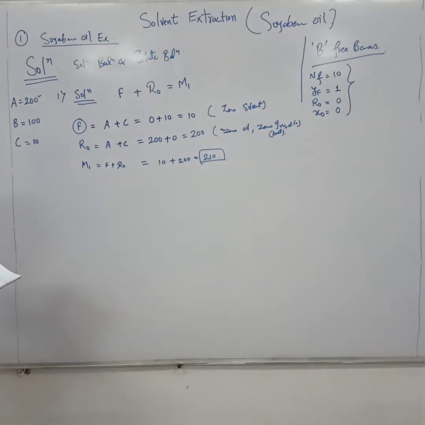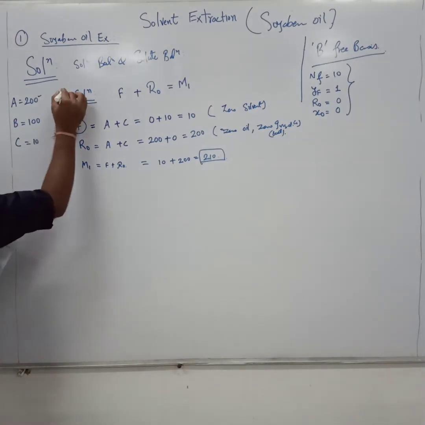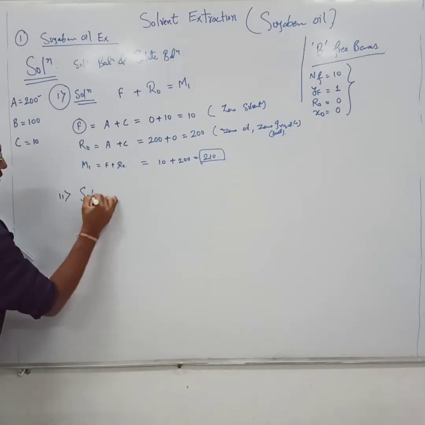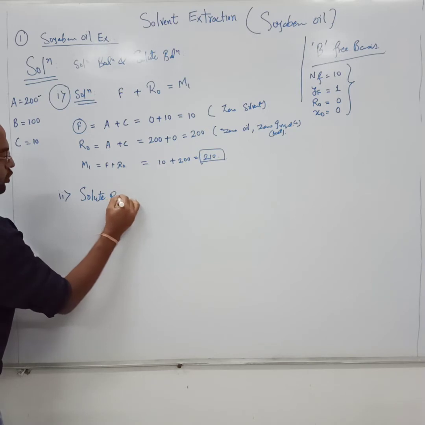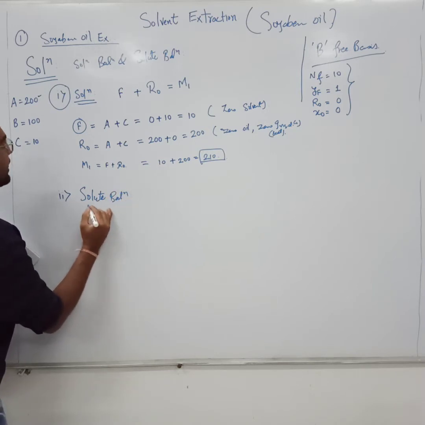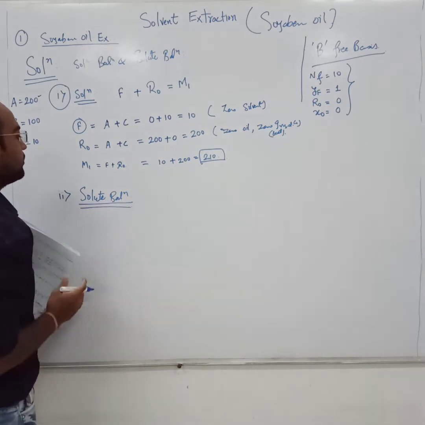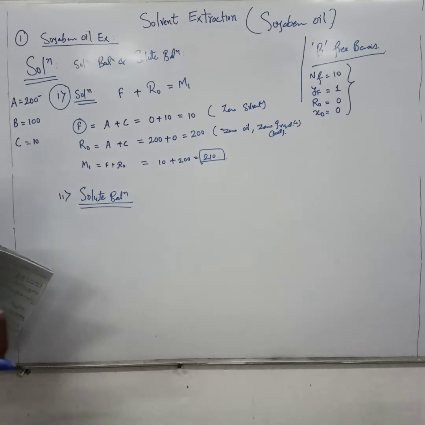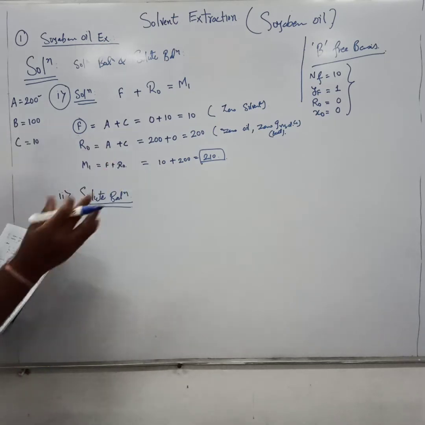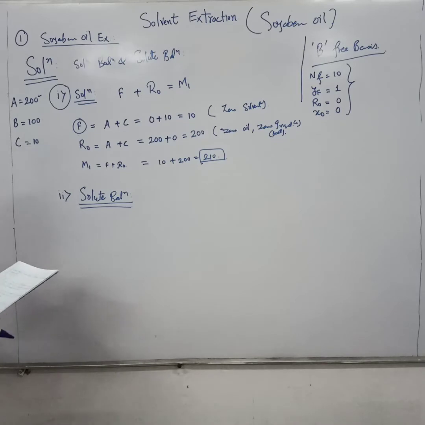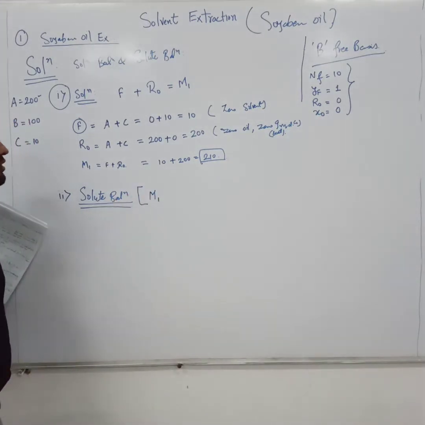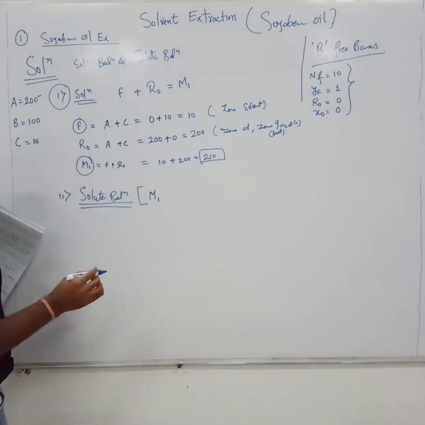Now let's move on to the solute balance. This is our first thing. The solute balance is calculated in terms of your feed solid, that is, how much solute is contained in your feed solid, we need to find it. So the solute balance gives us a point in your graph, that is M1. This is the point we need to plot on the graph.